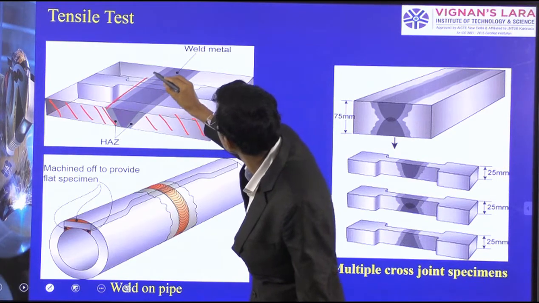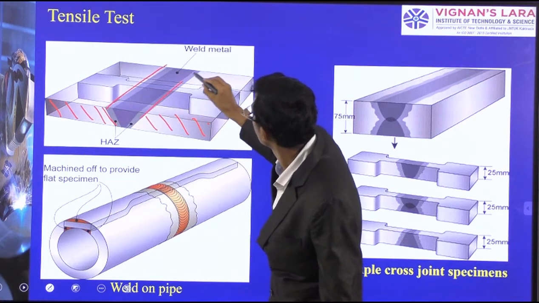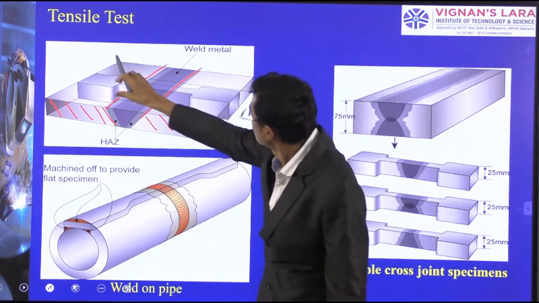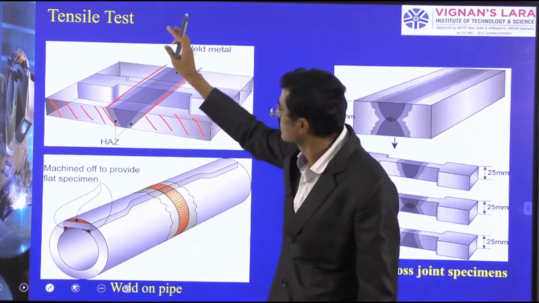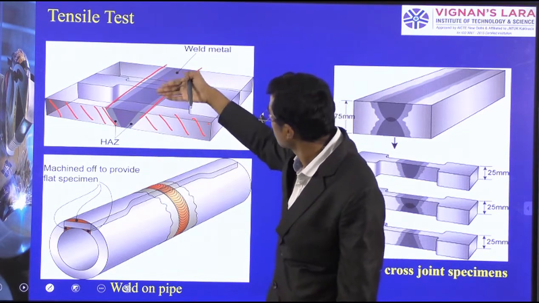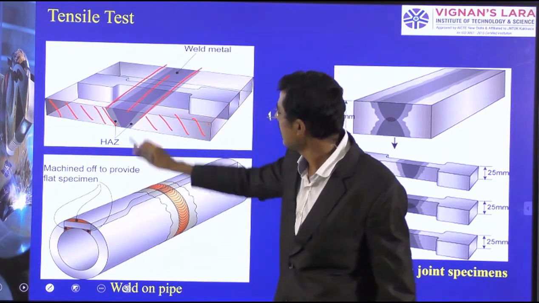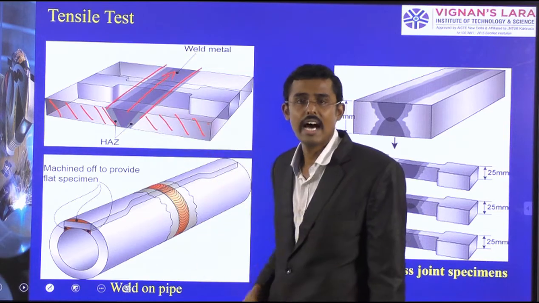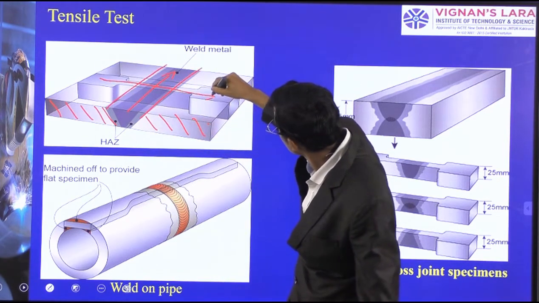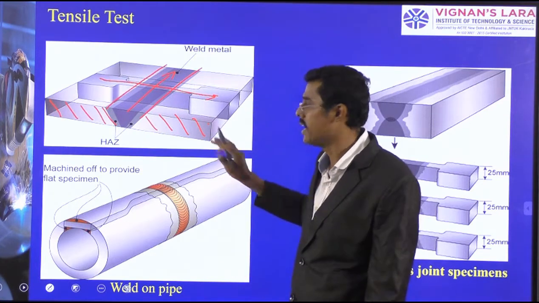I have made the cross-sectional cut, and the specimen has been taken for the tensile test perpendicular to the weld zone. The weld is in this direction, and I am cutting the specimen in this direction. That is how I have prepared it for the plate.